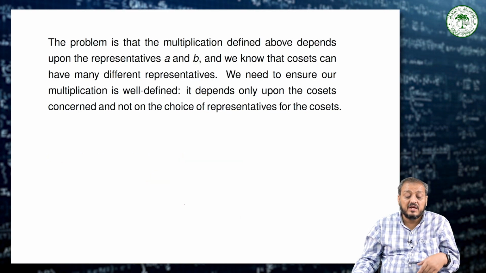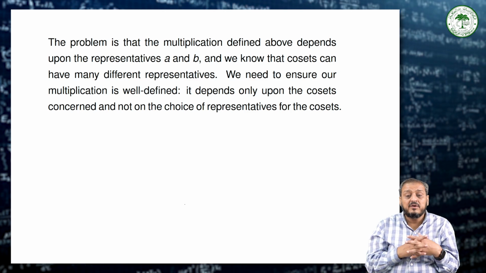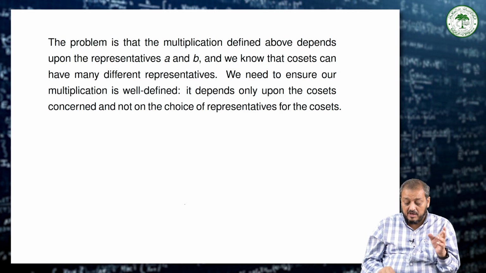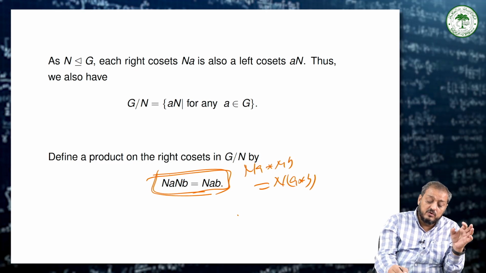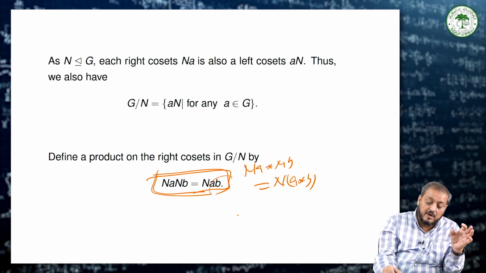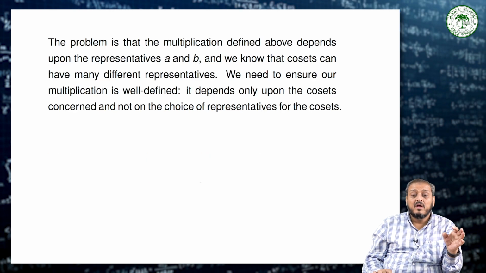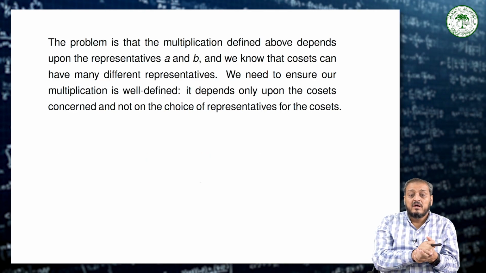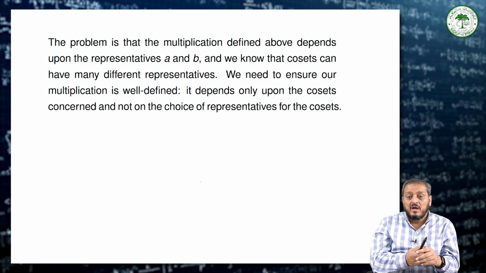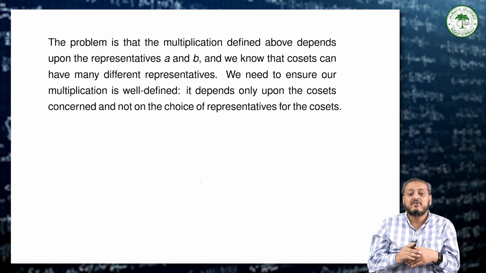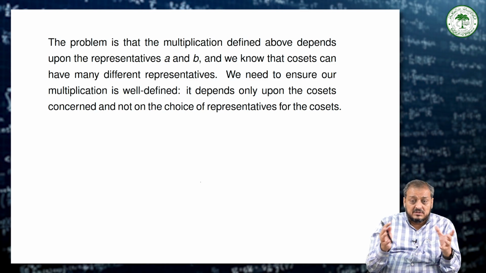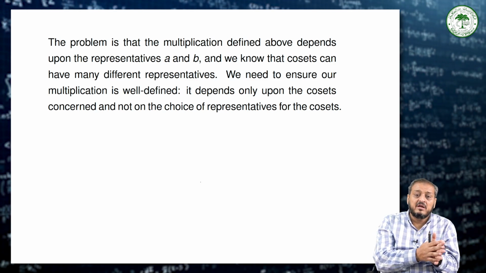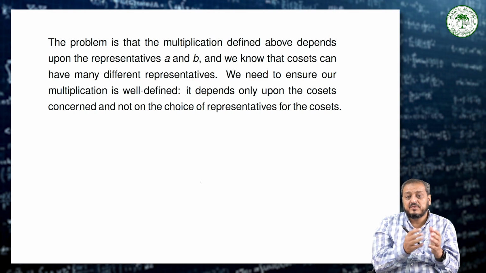The problem is that the multiplication depends upon the representatives a and b, and we know that cosets can have many different representatives. So, this coset has many different representations.